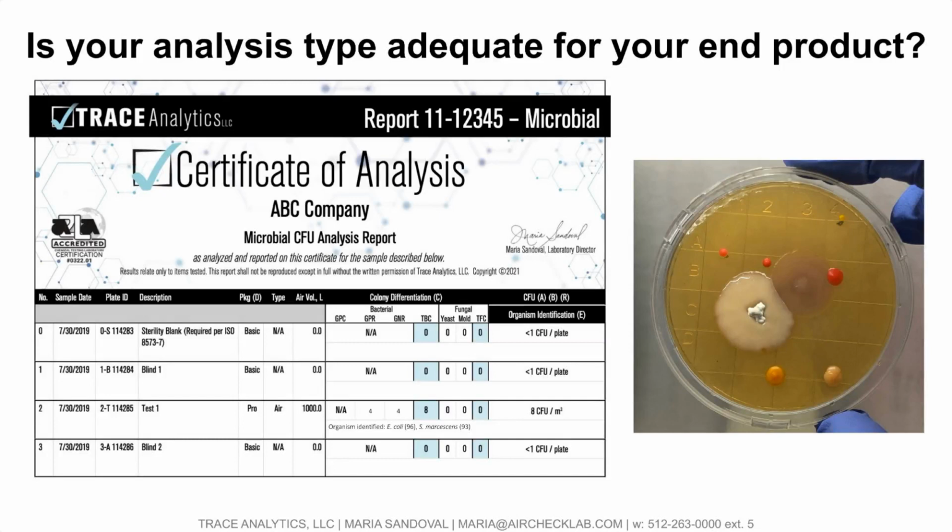Now, what this does is it allows you to provide more assurance, more control of your air, more control of your plant. And it allows you to troubleshoot more from that point of use. You know now that you may need to clean your piping. You may need to find the E. coli source.